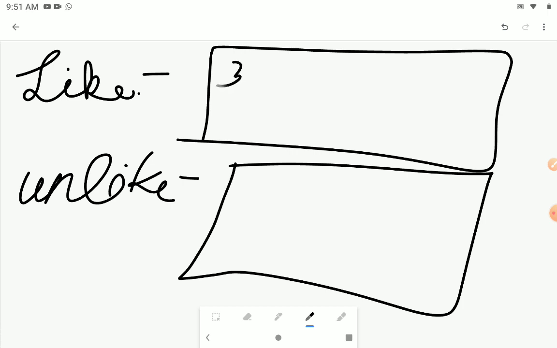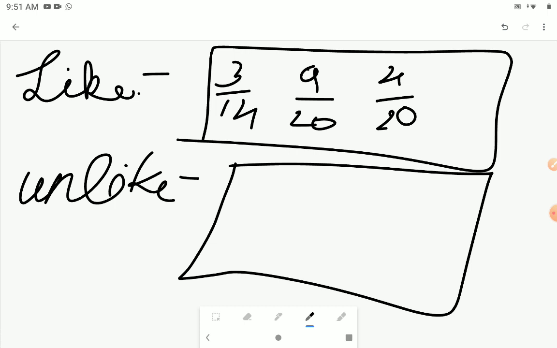I have 3/20, 9/20, 4/20, 5/20. The numerators never matter, we know this. Numerator, let it be anything. But the denominator is 20, 20, 20, 20.